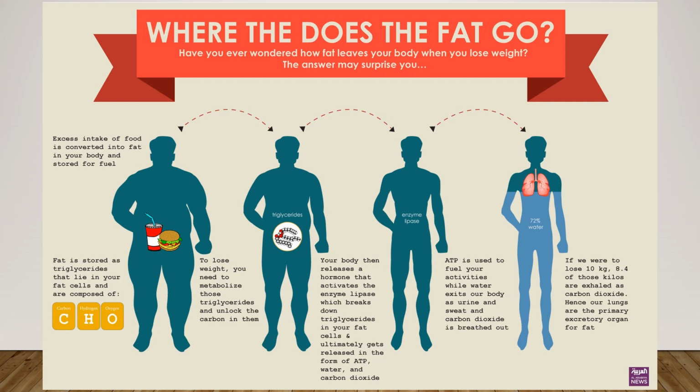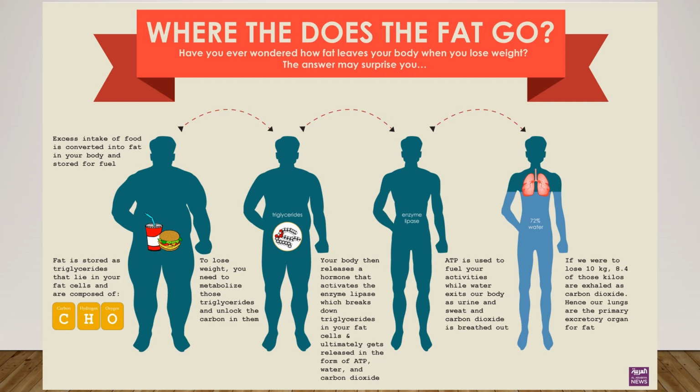Fat is stored as triglycerides that lie in your fat cells and are composed of C, that is carbon, H, as in hydrogen, and oxygen. So fat is stored as triglycerides composed of CHO. To lose weight, you need to metabolize those triglycerides to unlock the carbon in them.